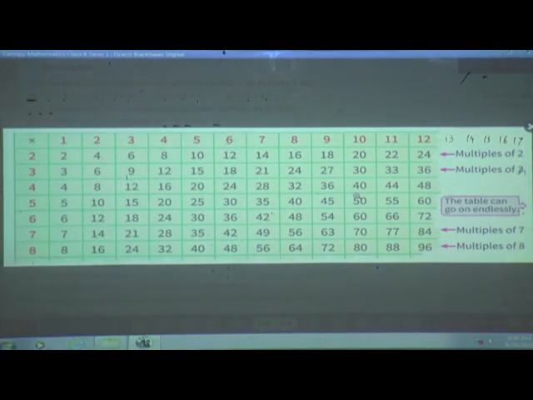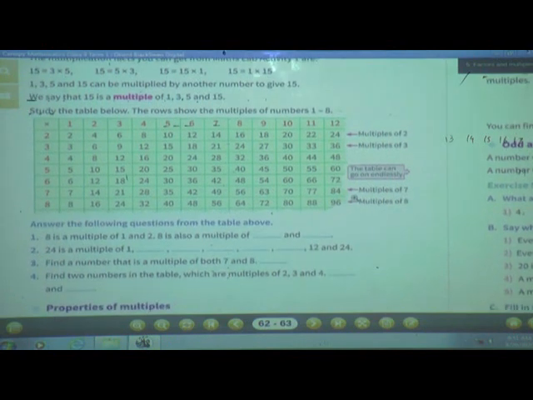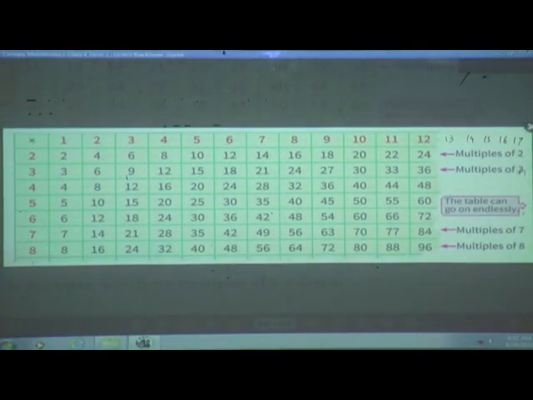So it continues. What I want to tell you here, the table can go on endless. Keep in your mind, endless. Now here they had given some questions from the table above. By seeing the table, now we have to solve the given questions.